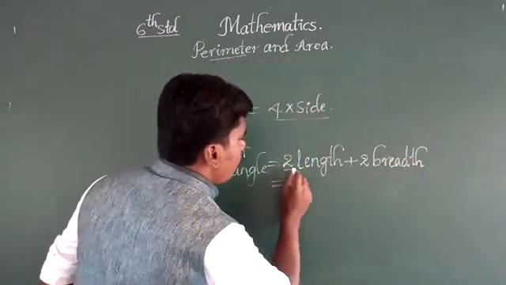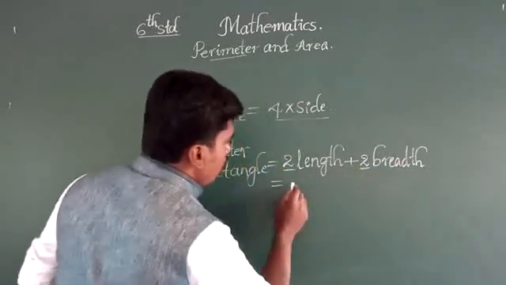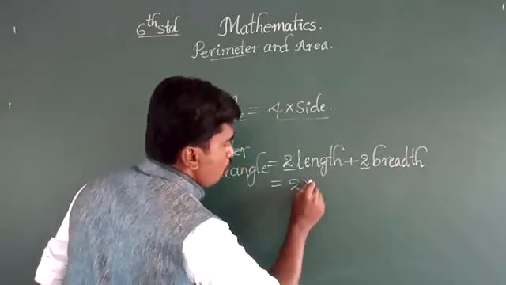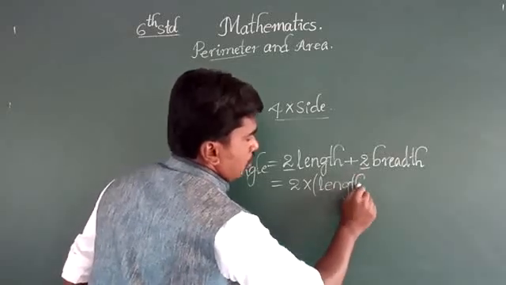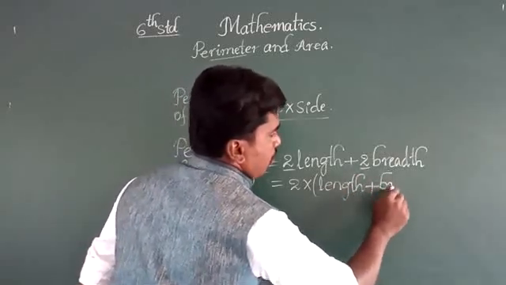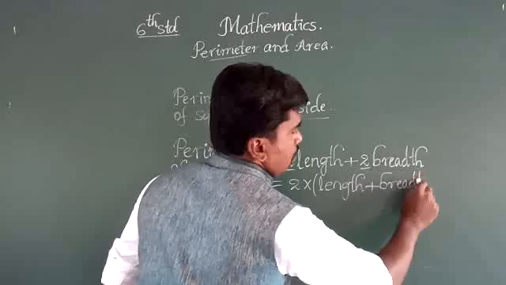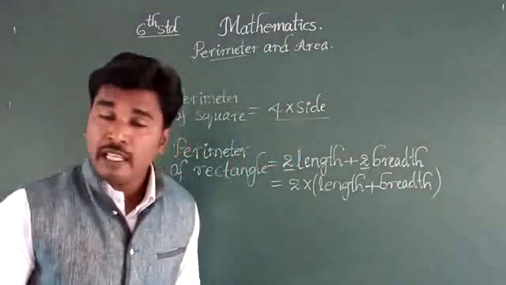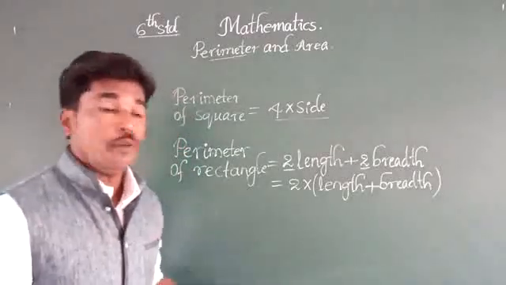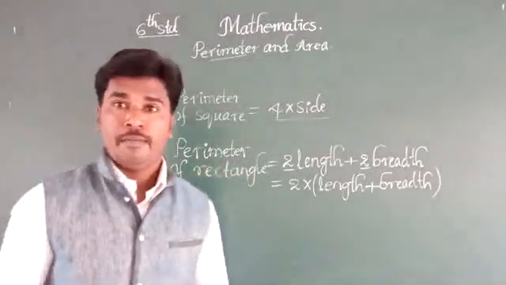Here in both cases 2 will be there, so you take 2 outside: 2 into length plus breadth. 2 into (length plus breadth) is the formula to find the perimeter of a rectangle.